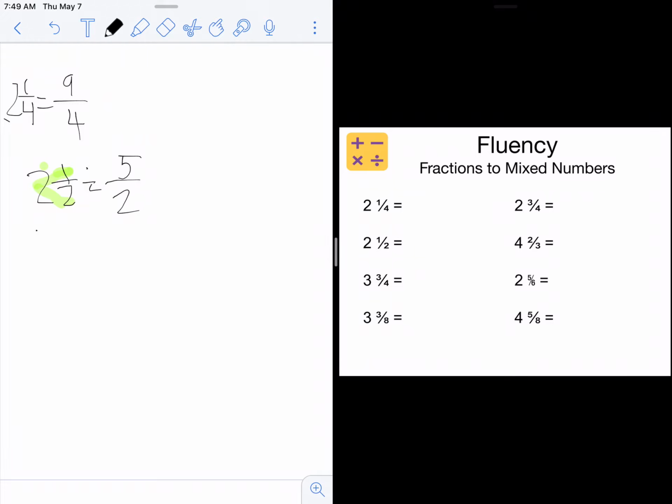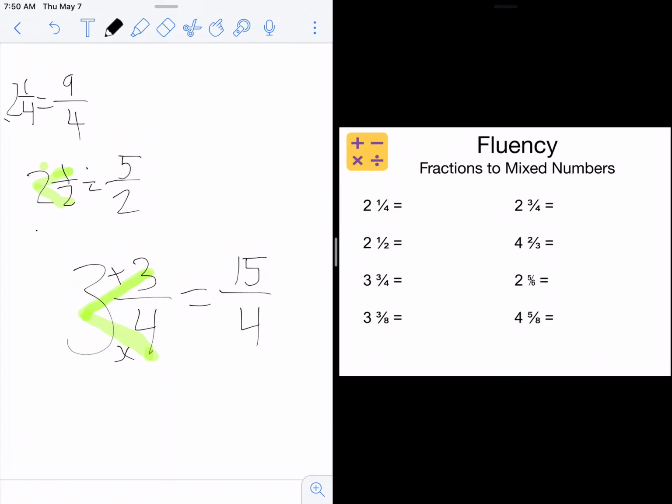So what you're going to do, and I'm going to do this one really big, 3 3/4 equals. So here's what you do. You multiply the denominator times the whole. You multiply, and then when you go up, you add to the numerator. So let's do this together. 4 times 3 is 12, plus 3 is 15, and you keep the denominator the same, 15/4.